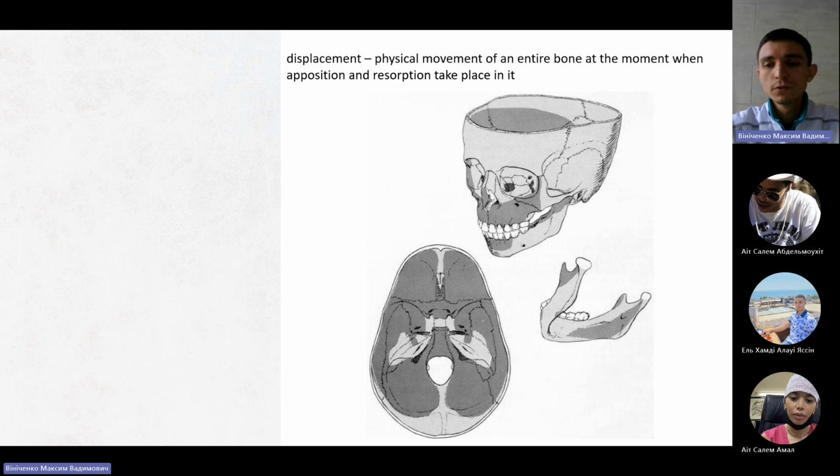So we use this in orthodontics when we make an expansion of the maxilla, when we do not make the protraction of the lower incisors, we make some leveling and other techniques. So it is very important to know that there are negative spaces and positive spaces, and that there are processes of remodeling and displacement in growing patients.